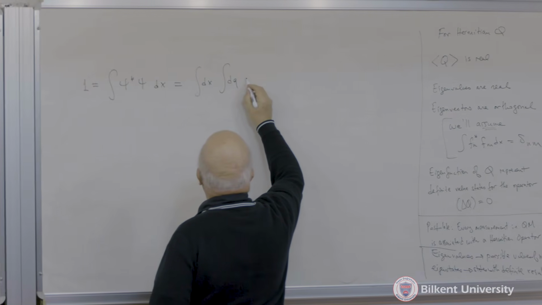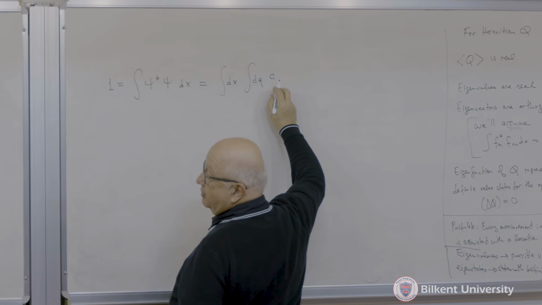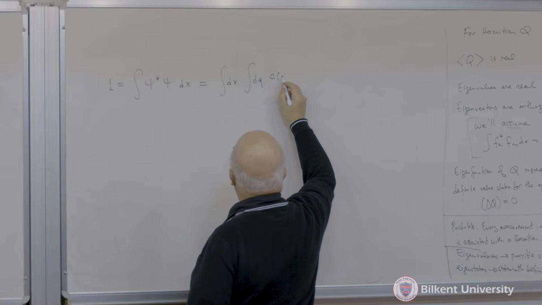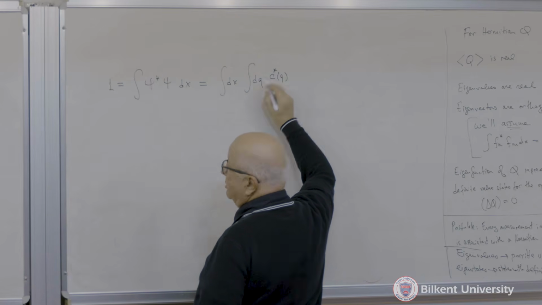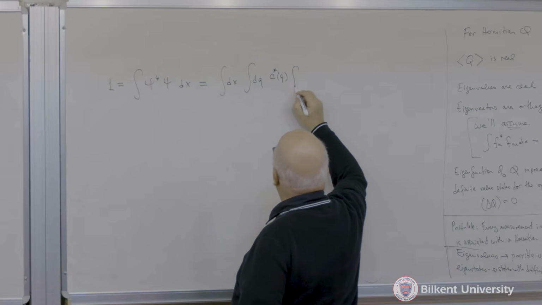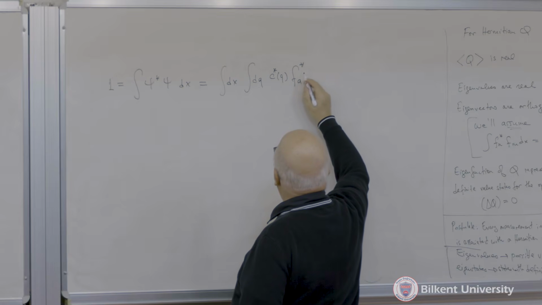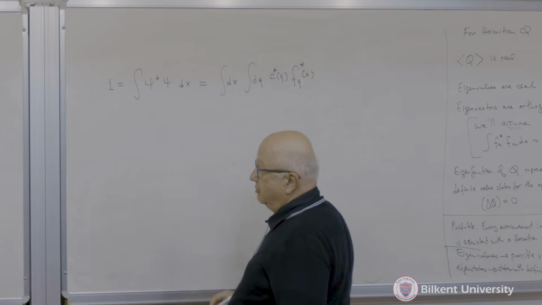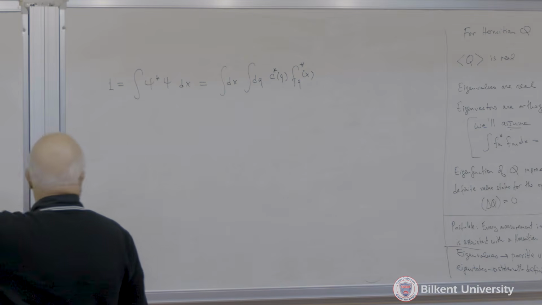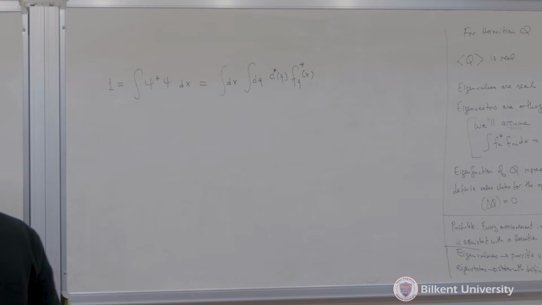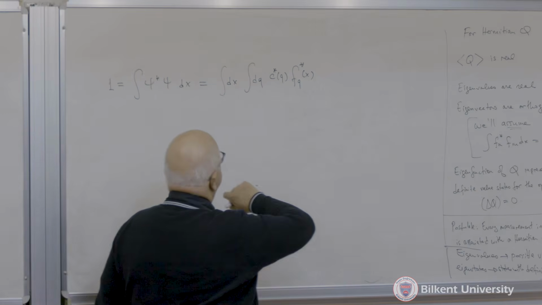dq, c q star and f q star of x, okay. So I have taken care of the first psi. Now I have to do it for the second psi.